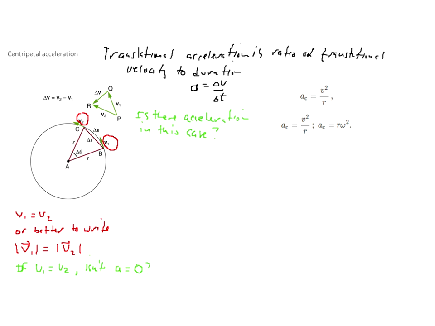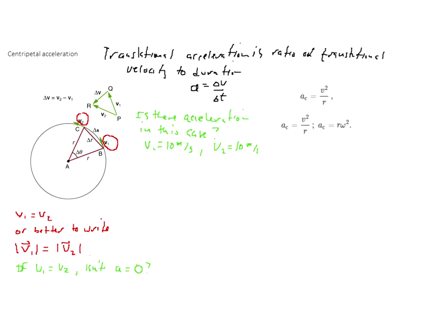All right, and one person said no. If V1 is 10 meters per second, V2 is 10 meters per second, it seems like acceleration would be 0.